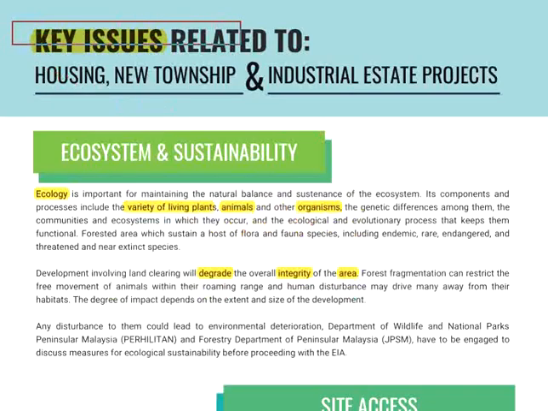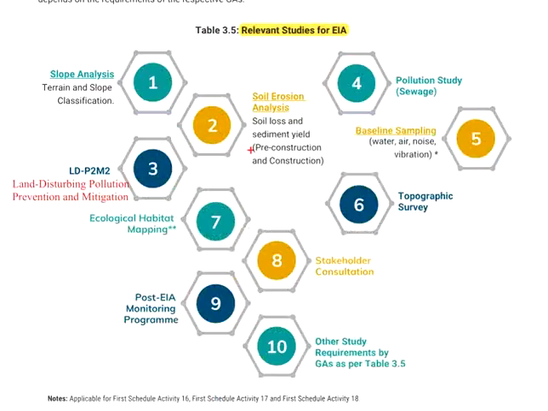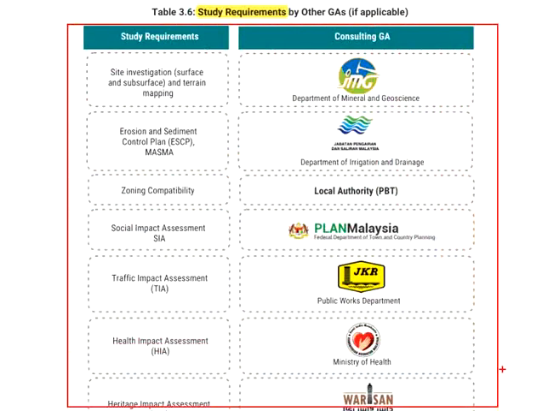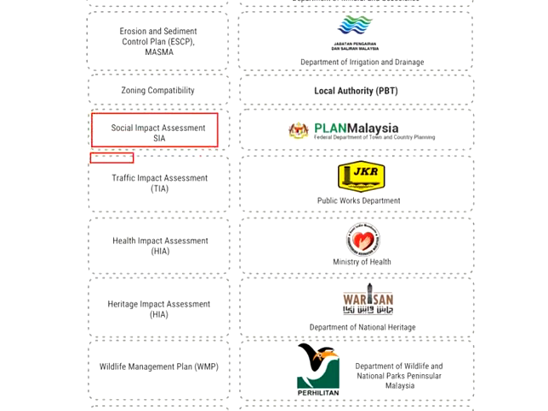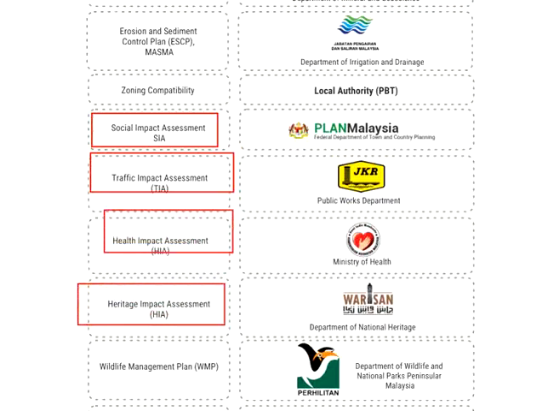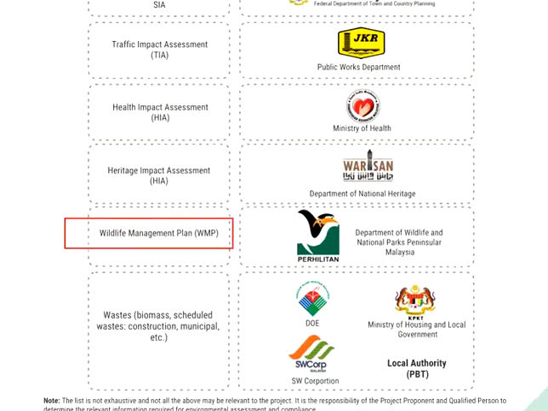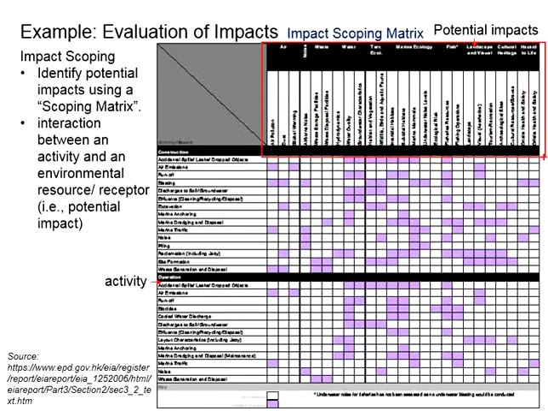You may also look into the key issues related to the housing, township and industrial estate projects, taking into consideration the relevant studies for the EIA, as well as other requirements by the government agencies, such as soil investigations, erosion and sedimentation control plan, social impact assessment, traffic impact assessment, health impact assessment, heritage impact assessment, wildlife management plan, waste, and etc. Identify as many environmental components as possible and take this as the checklist to be evaluated against the project activities.